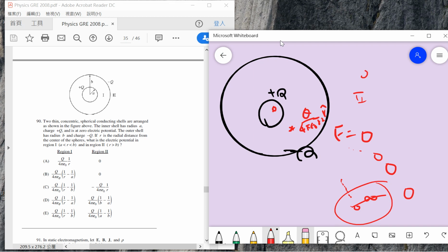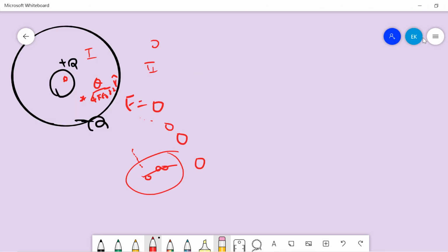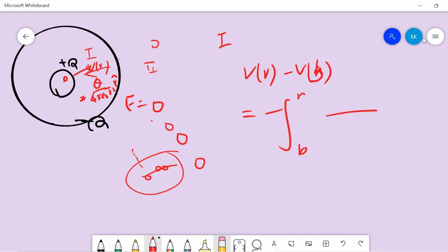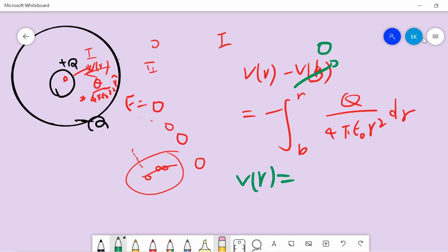The second is still 0, and then you do the first. Suppose in region 1, V of r minus V of a equals minus the integral from b to r of Q over 4 pi epsilon naught r squared dr, and this is 0. I can assume that it's 0, although it didn't tell me.